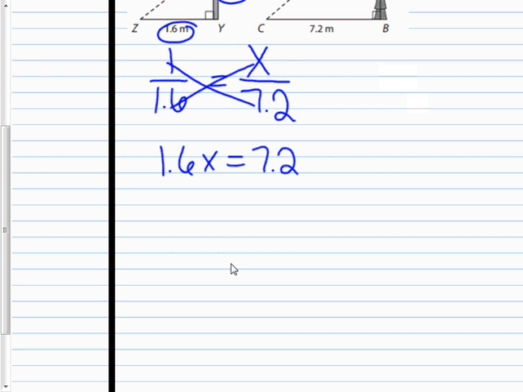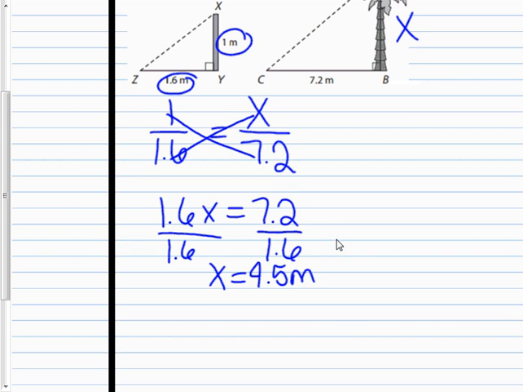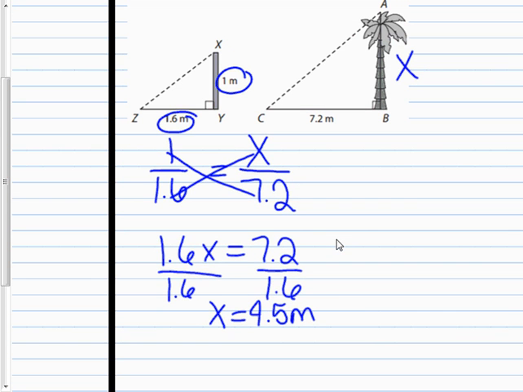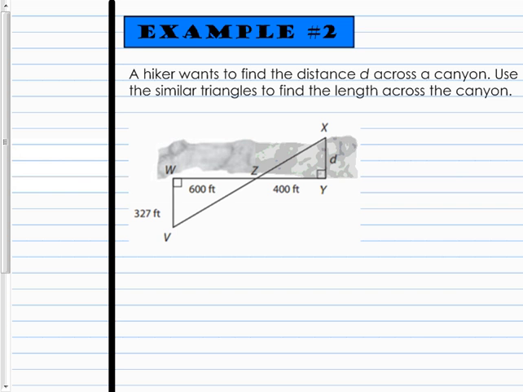Divide both sides by 1.6, and x equals 4.5. And the units were in meters. So the height of the palm tree is 4.5 meters. Easy as that. Nothing to it, honestly. You guys can get this.